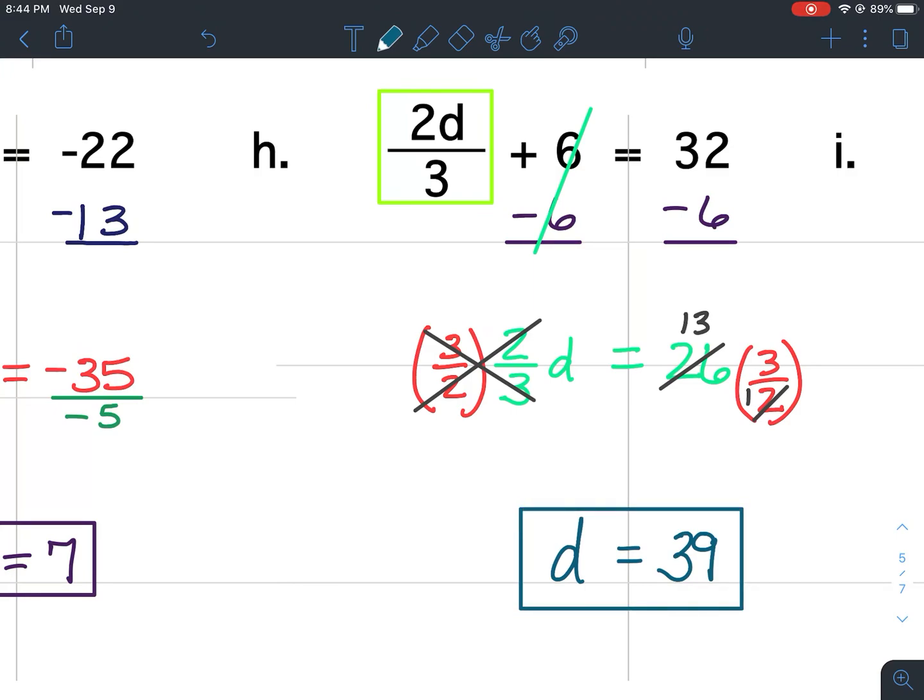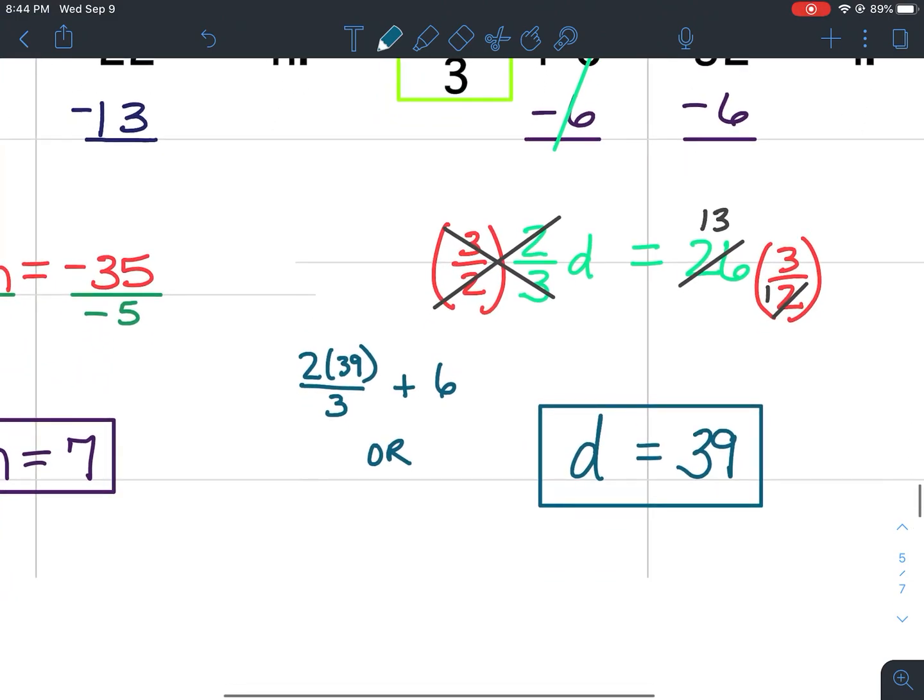All right, if you wanted to check that in your calculator, you could do it two ways. You could do 2 times 39 over 3 plus 6, or you could do 2/3 times 39 plus 6. Either way, you'll get the same answer.